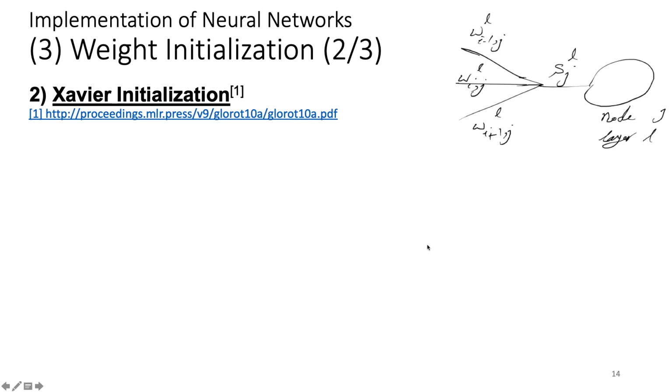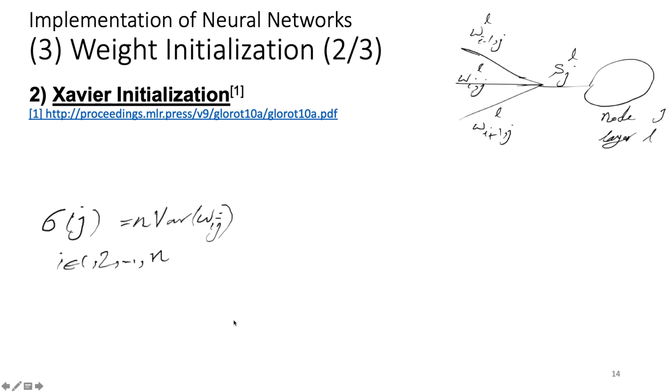It tries to make the variance of the output of a layer equal to the variance of the inputs. So for each of those i's from 1 up to n, you have the variance of the weights equal to the variance of the g's.